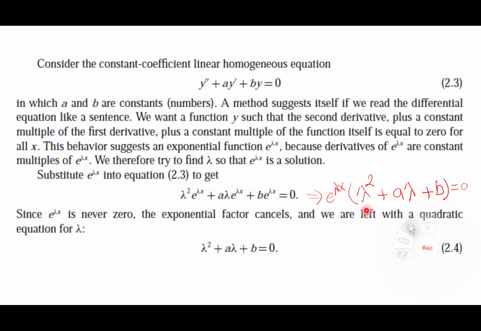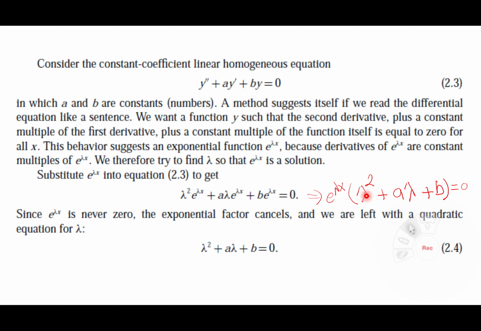Looking deeper, you're going to find that e to lambda x is a non-zero term. It's an exponential function, always positive, and it's never equal to 0. So the exponential factor here cancels out.